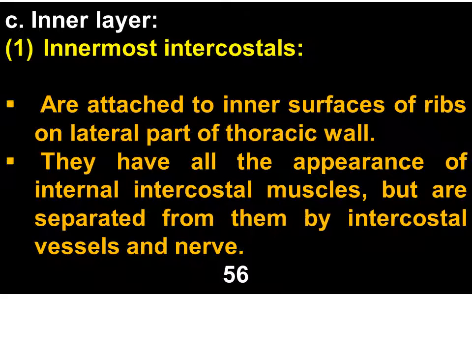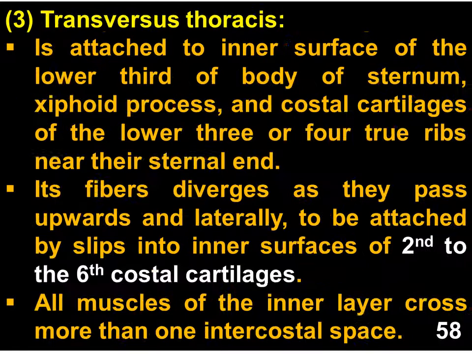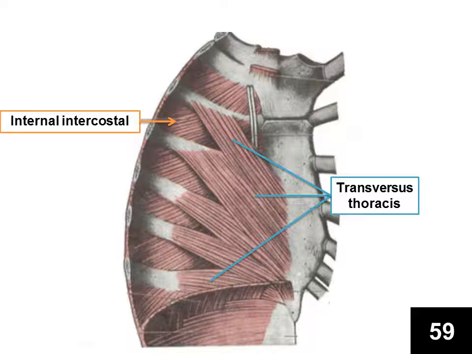Let's look at the picture. This is the innermost layer, this is the subcostal, and the other one is the transversus thoracis, which we will discuss later. This is the transversus. Before I go to the subcostalis, you can see the transversus thoracis, which is attached to the inner surface of the lower third of the body of the sternum with the xiphoid process and the costal cartilages of the lower 3 or 4 true ribs near their sternal end.